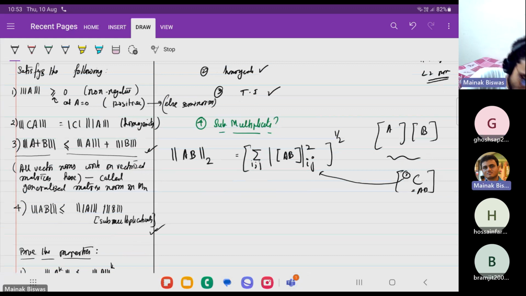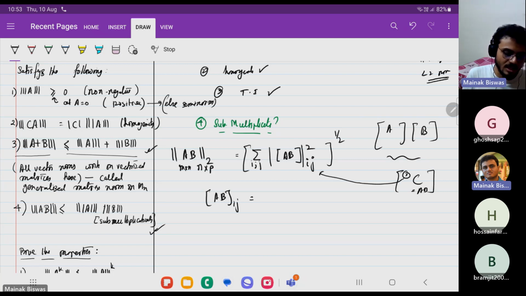Yes. So what is (AB)_ij? Can you tell me in terms of the sum of A and B? Say A is a M cross N matrix and B is a N cross P matrix. So what will the sum be to get the ijth component? Don't use i, because ij I'm already using, use k. k equal to 1 to n.